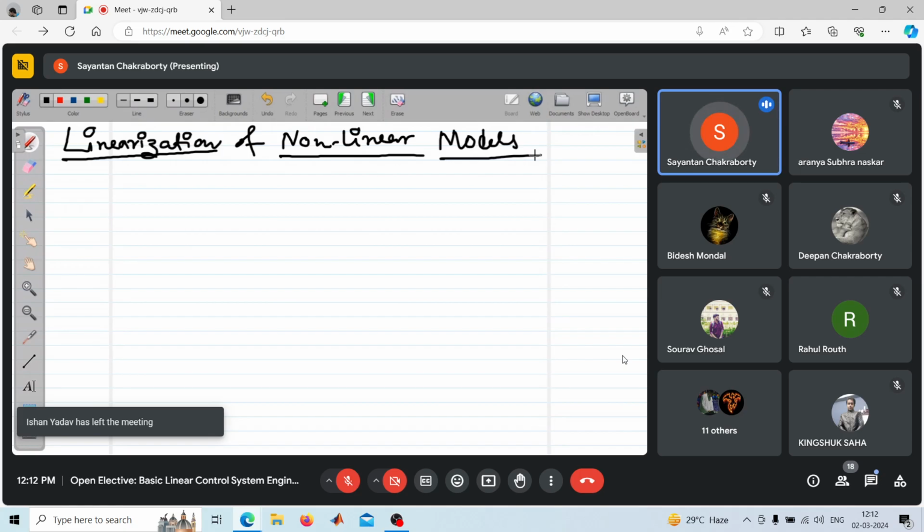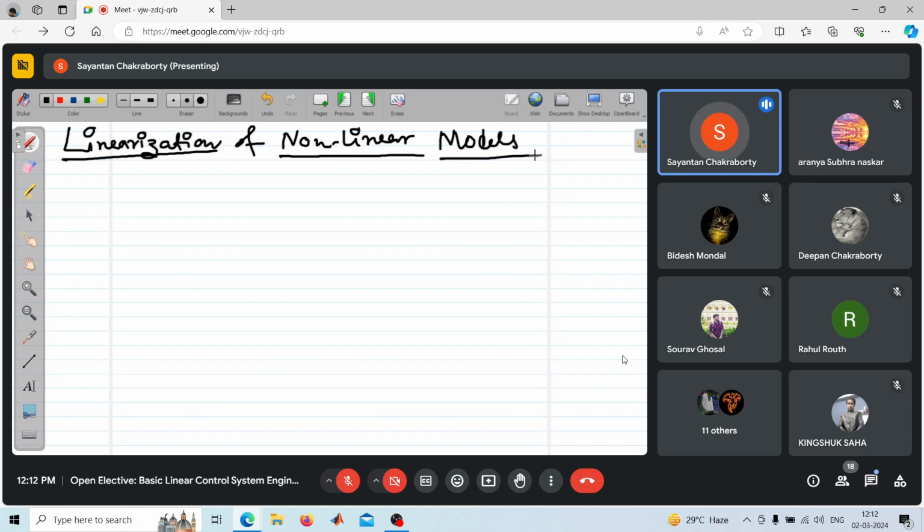So therefore, it is important that to start with, we should linearize this model, so that we can apply the comparatively convenient tools which are present for linear systems.